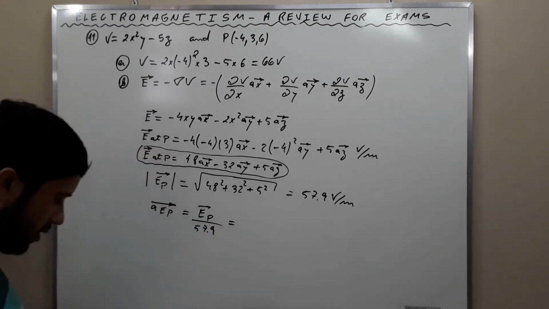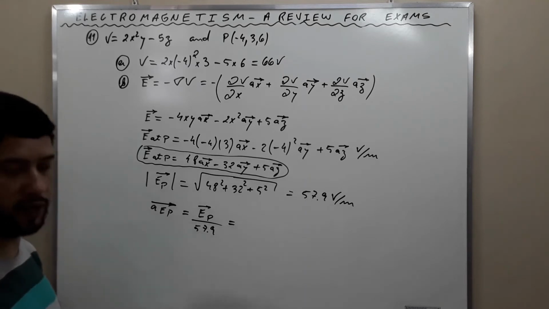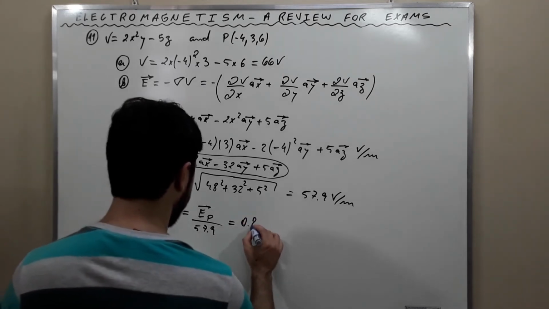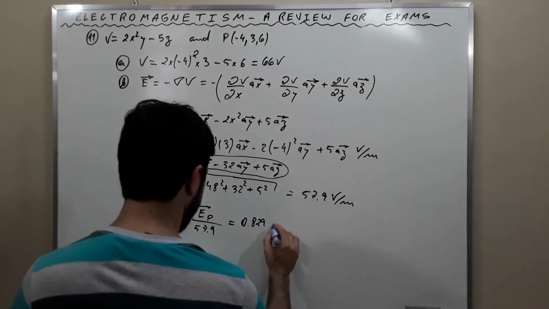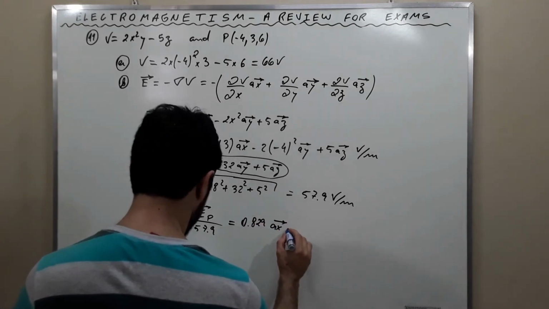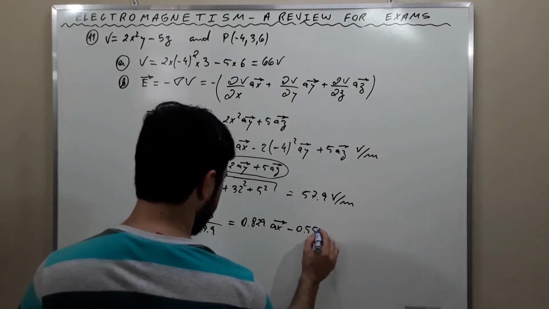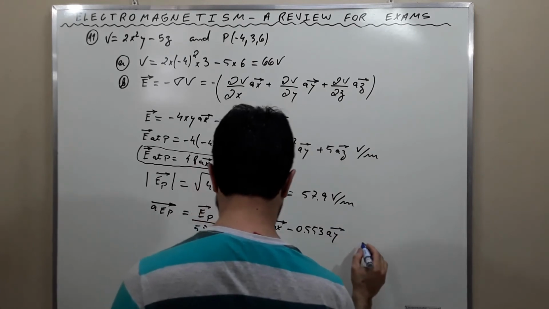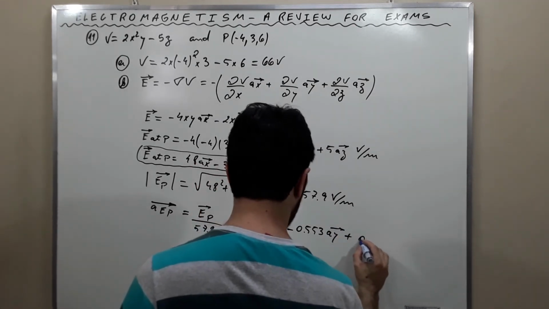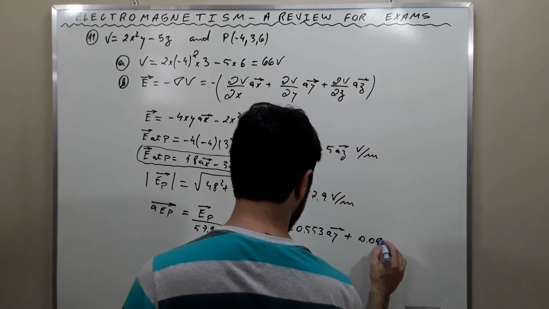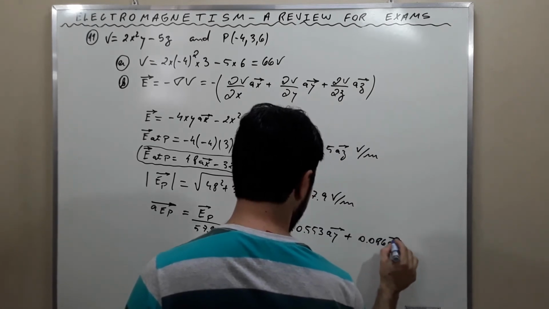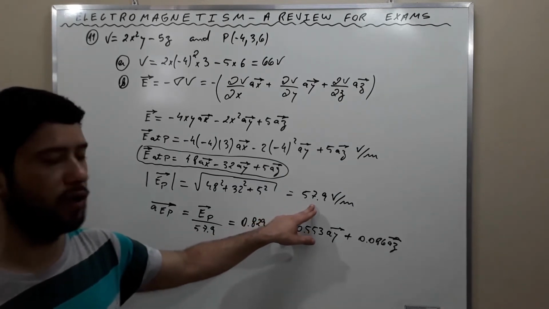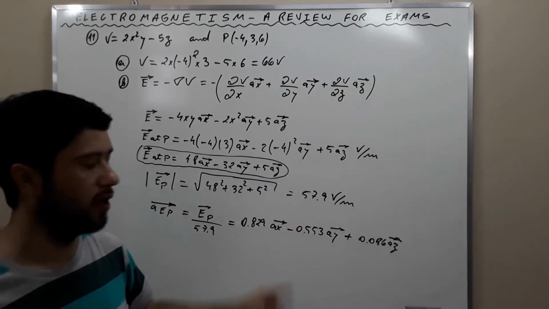And then we find the direction of the electric field at P. So this is the magnitude of the electric field, and this is the direction.